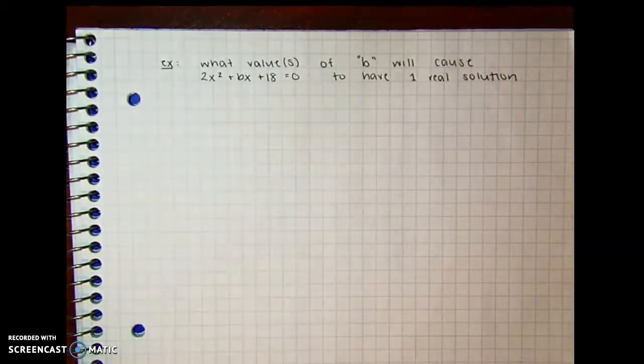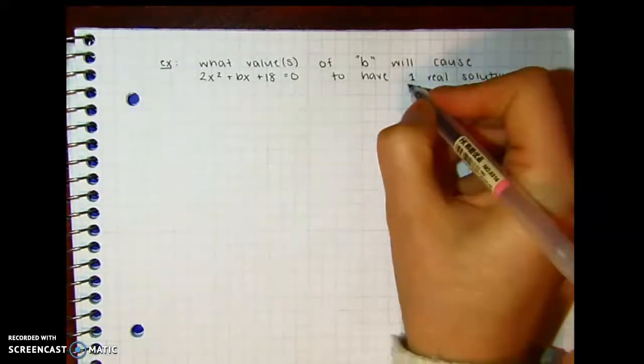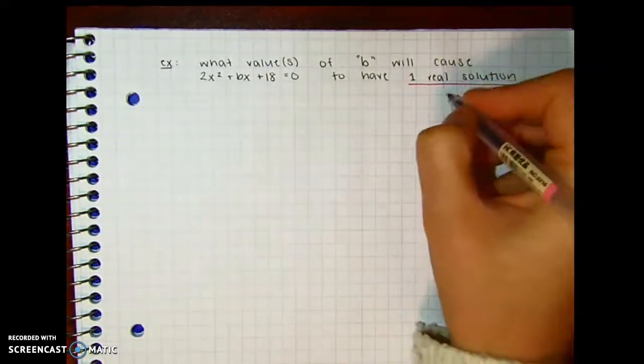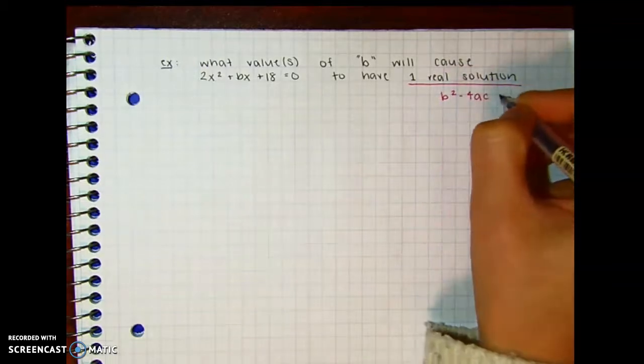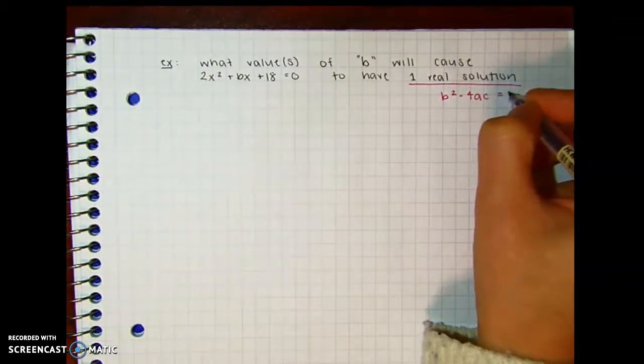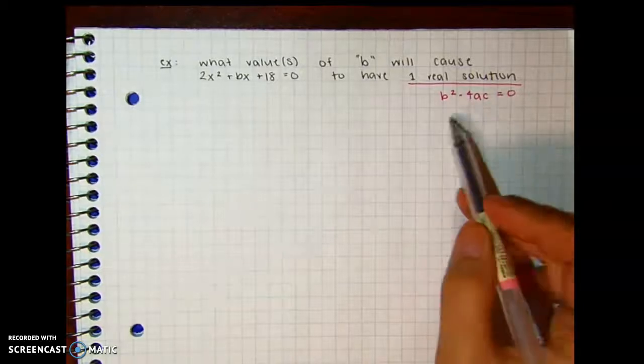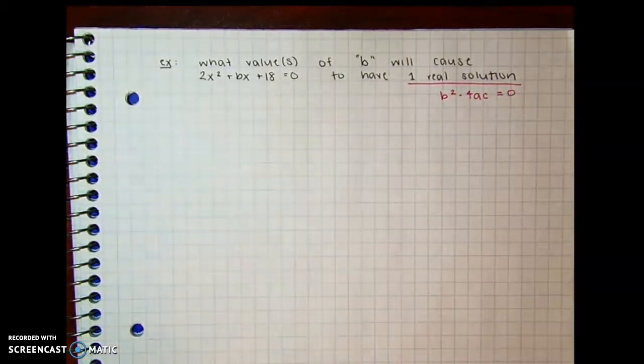So the first thing that needs to happen, and it could be just you doing this in your head, is you going, okay, well, if there's one real solution, that means that b squared minus 4ac has to be equal to 0. So you determine what it is, like, is it equal to 0, greater than 0, less than 0?